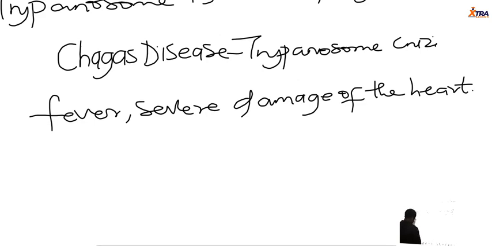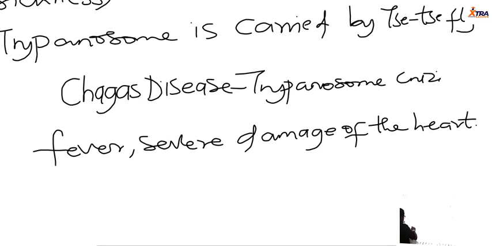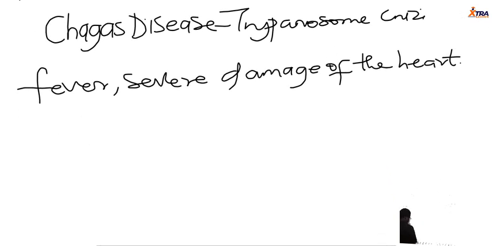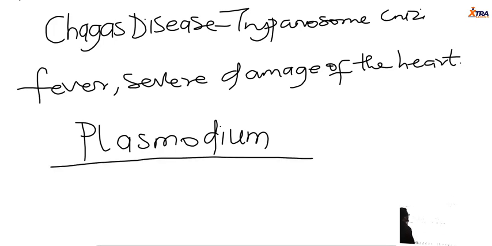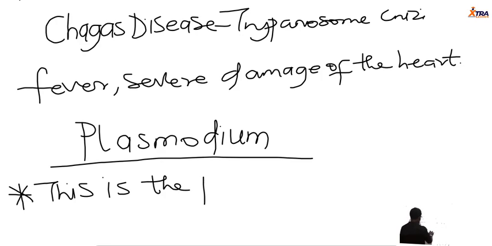Now, finally, let's talk about this very important guy, which we call Plasmodium. Because we can't talk about the protozoa without mentioning the elephant in the room, Plasmodium. This is the pathogen of malaria. It's broad, it covers everybody.